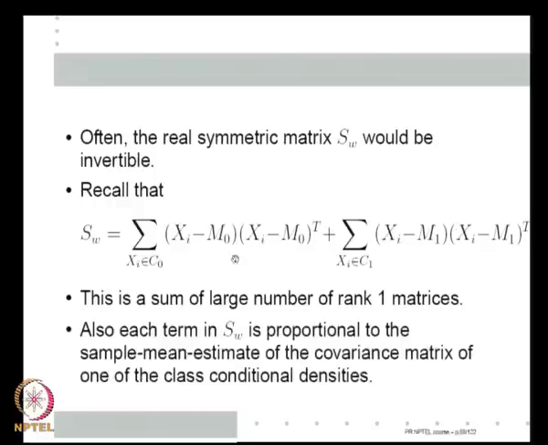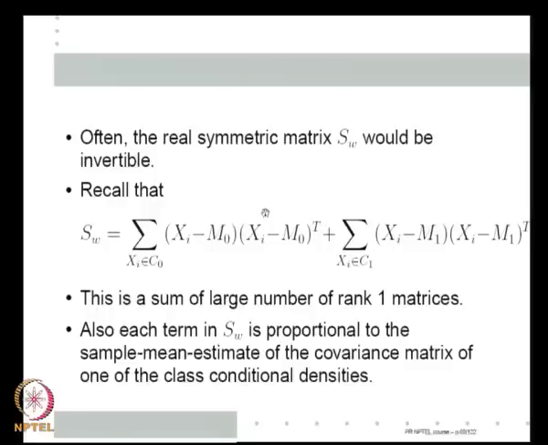Another reason why this is often invertible is that, as you have seen, each term in this is a good estimate, especially if the data is large, of or proportional to a good estimate of the covariance matrix, and the covariance matrix will be invertible. So by both ways we expect SW to be invertible.